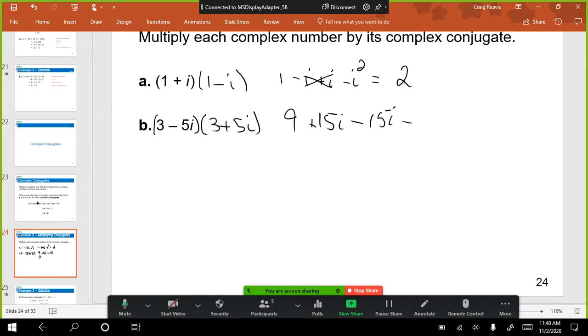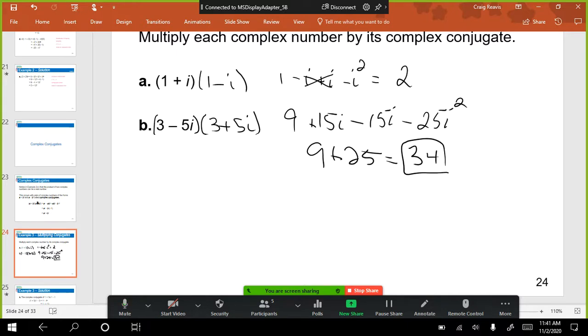And then that's going to be minus 25i squared. That last term is always minus the start. Then when I square the i, that becomes negative 1. It changes it to a plus. So that's what they're talking about. You just square the first term plus the square of the second coefficient. And this is where I end up with 9 plus 25, which is what, 34?